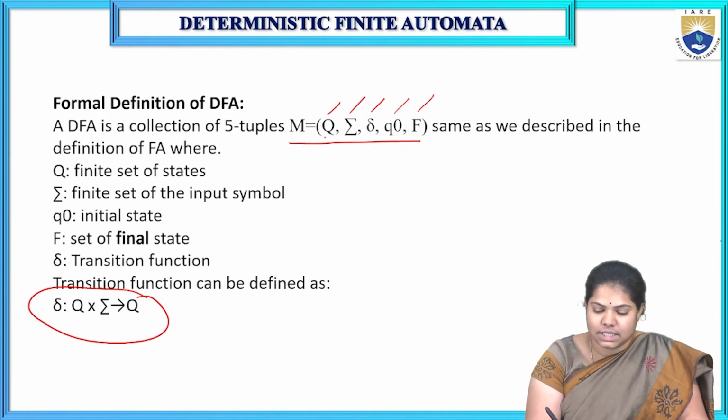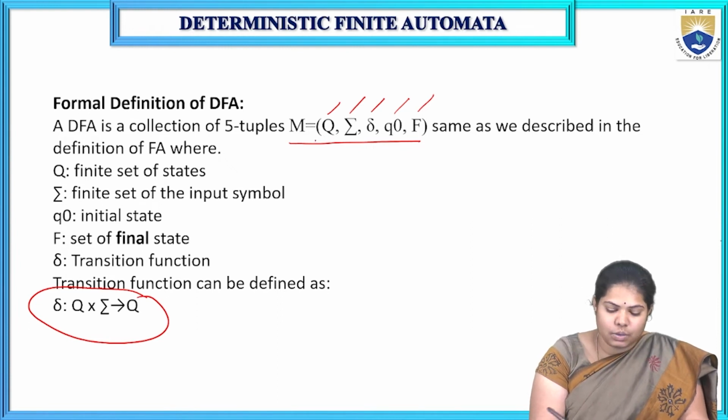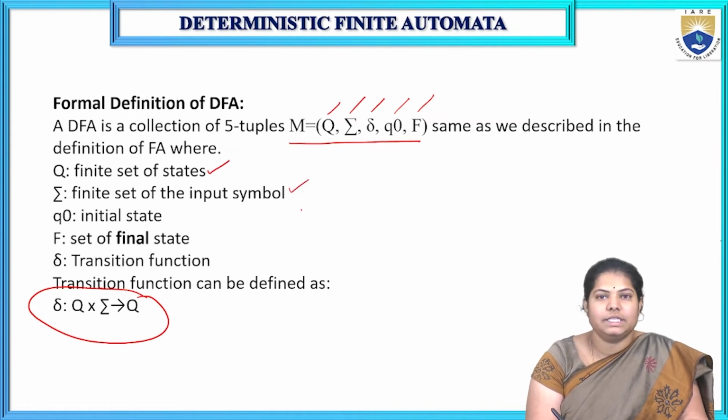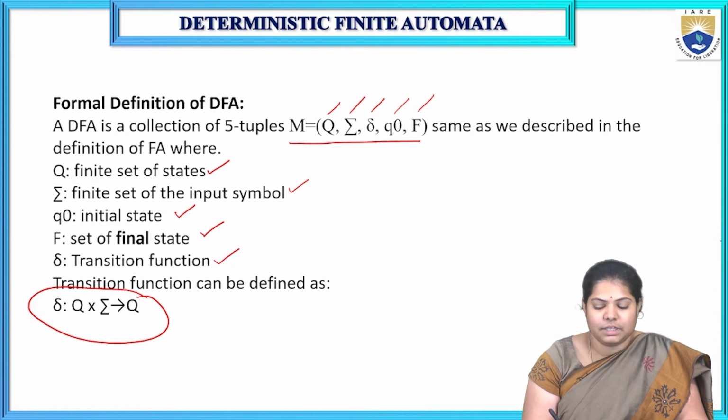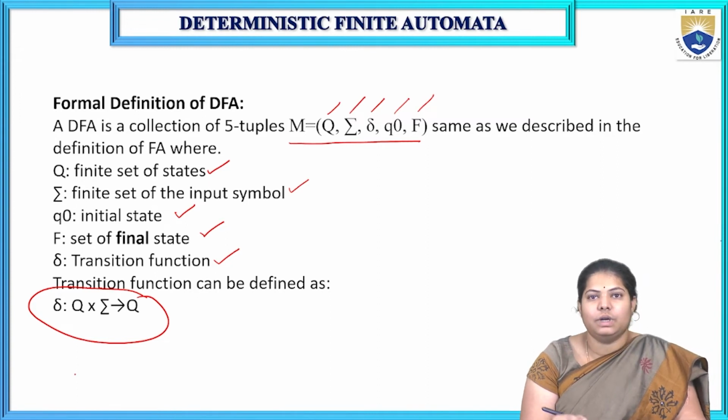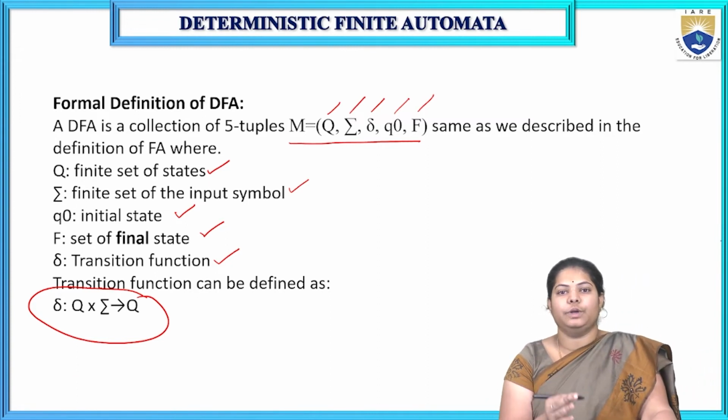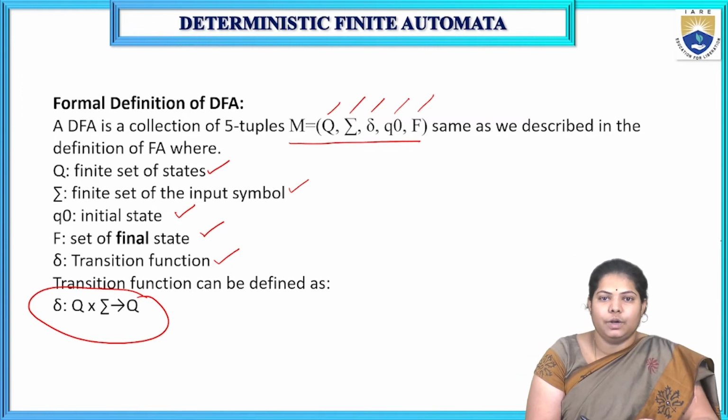So first of all, let us learn what this Q is. Q is a finite set of states, sigma is a finite set of input symbols, delta is the transition function, Q naught is the initial state, and F is the final state. So the transition function can be defined like this.